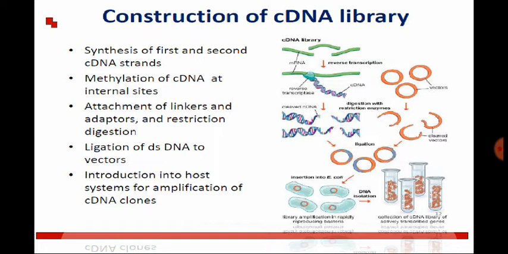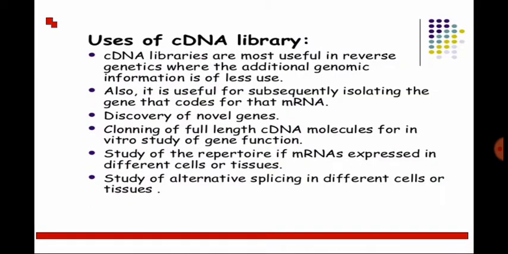Here the ligation of DNA to the vector. That means this is a vector which can transfer your sample DNA into the host cell. And the last one is the amplification of cDNA clones for the preparation of the cDNA library.